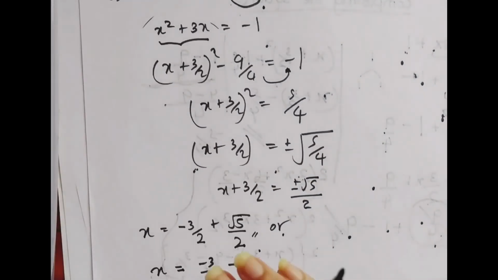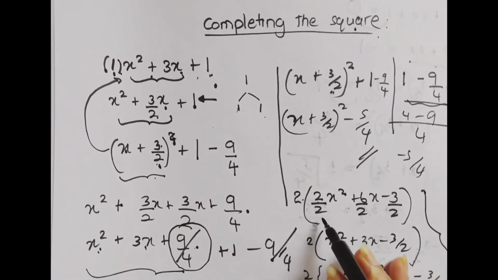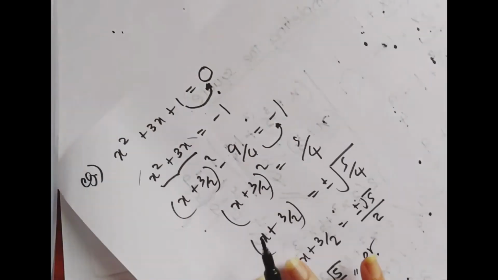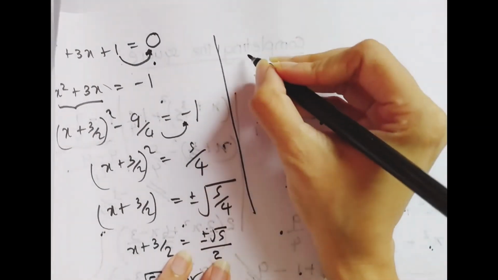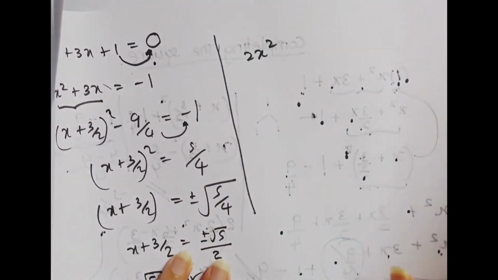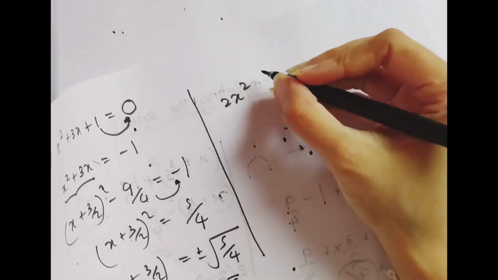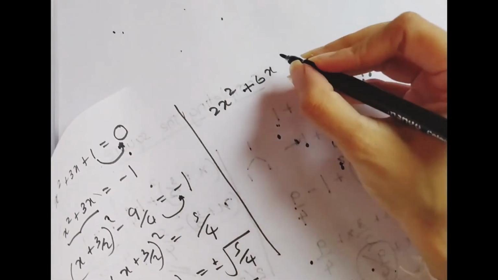Now we'll see this same question with an equation instead of an expression. So that is 2x squared plus 6x minus 3.